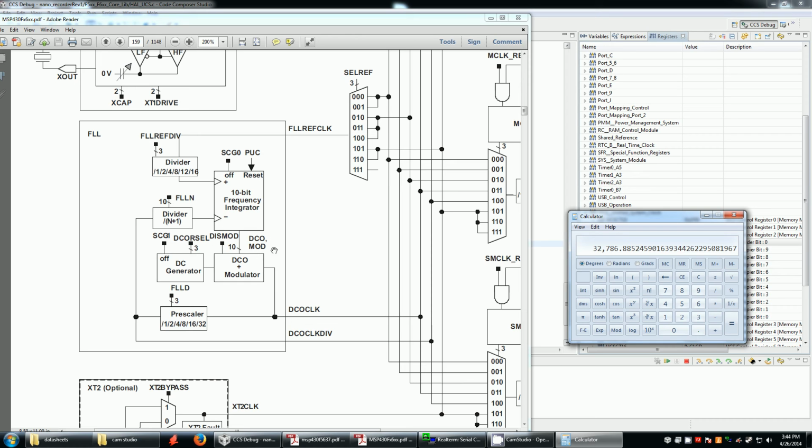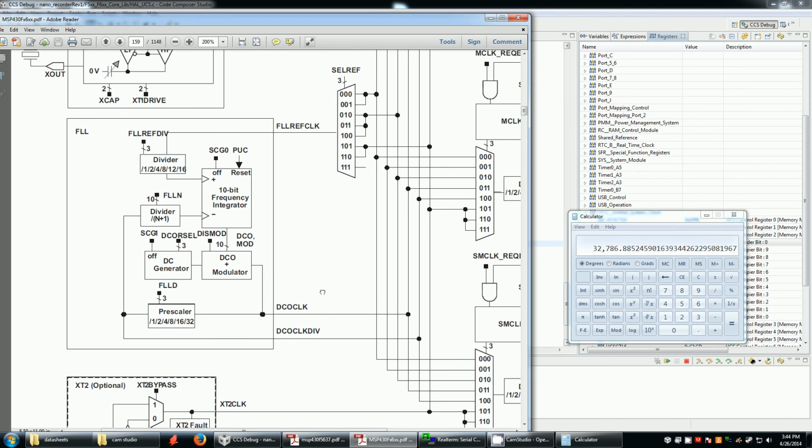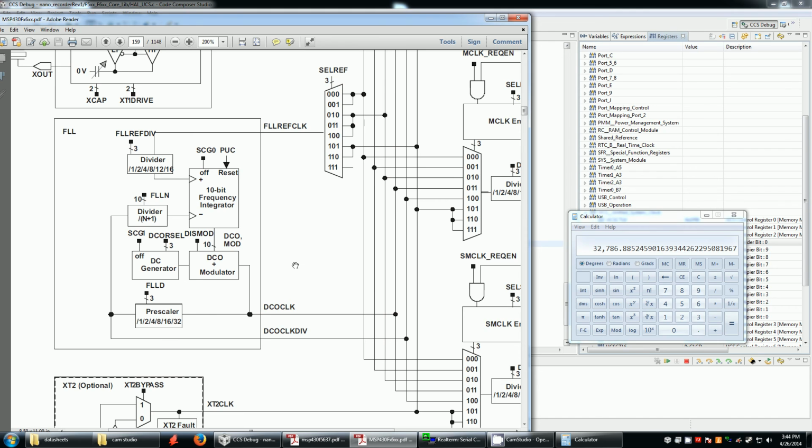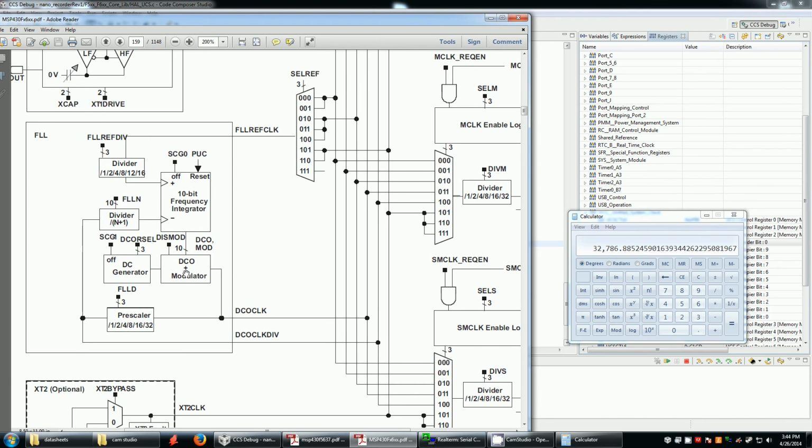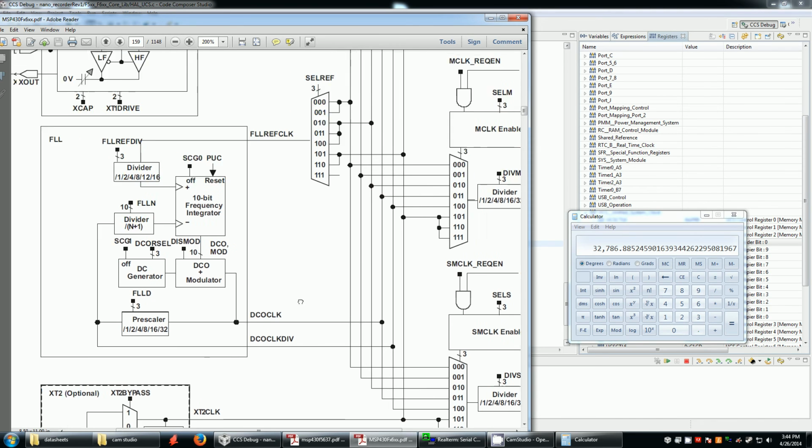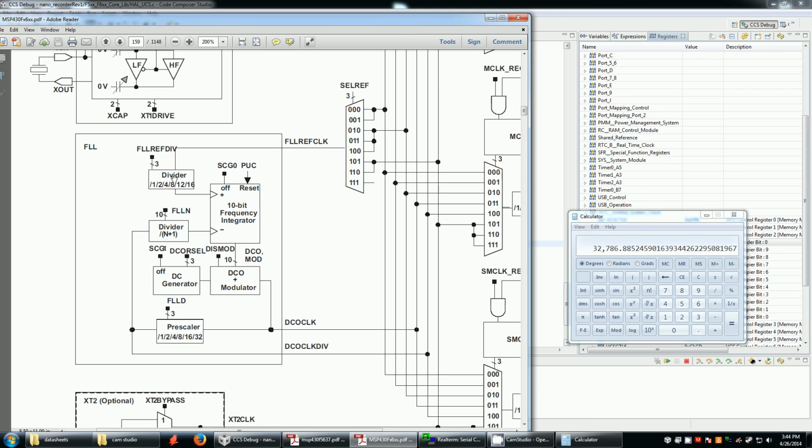And this is constantly reconfiguring it so that it's most accurate. And so if you use some of the value line series chips, this makes a lot of sense. And some people write their own frequency lock loop control in software for this using the 32,768 hertz timer on XT1. But basically on the nicer chips, they've incorporated this for you, so you just configure it and let it go.